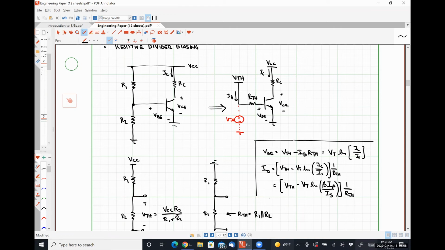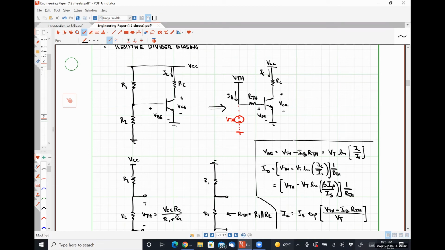And then finally, down here, you can say that IC is equal to IS times the exponential of VTH minus IB RTH divided by VT.